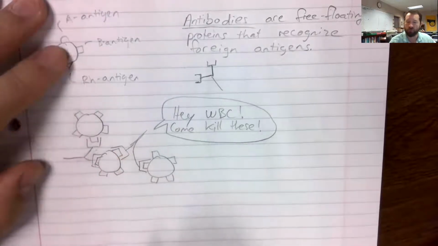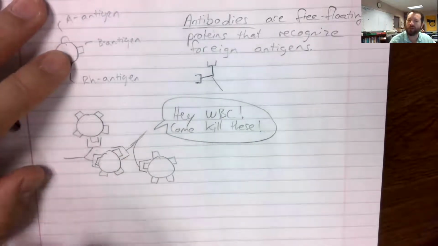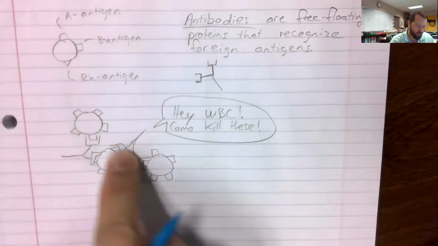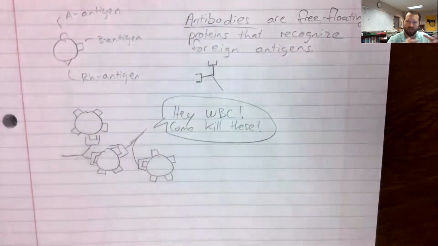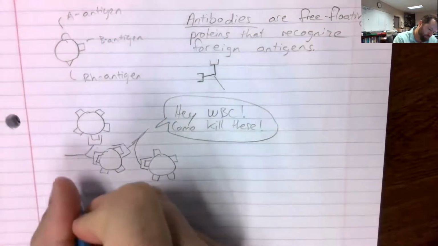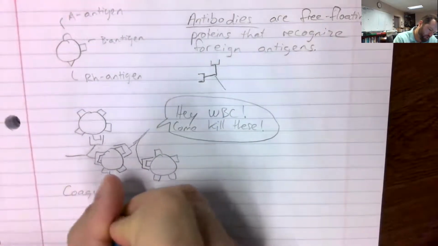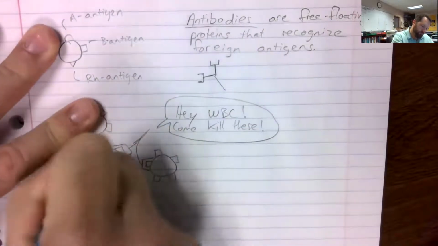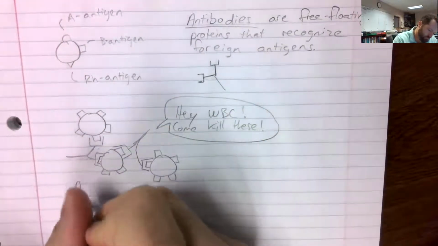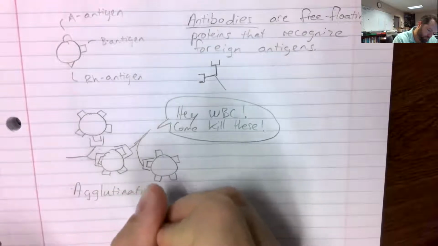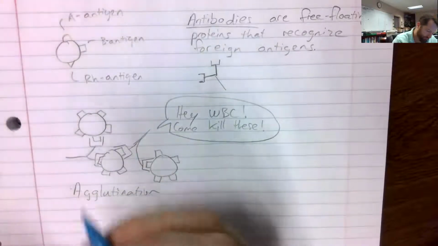Now you don't need as many white blood cells. It's not like we need to go chase down a whole bunch of spread out enemies. They're all stuck in one place because the antibodies clumped them there. And that's called agglutination.